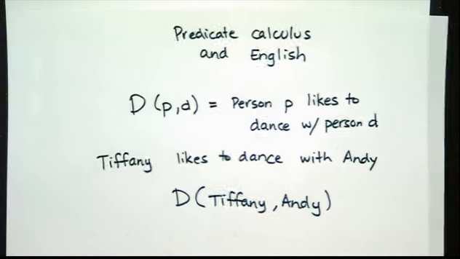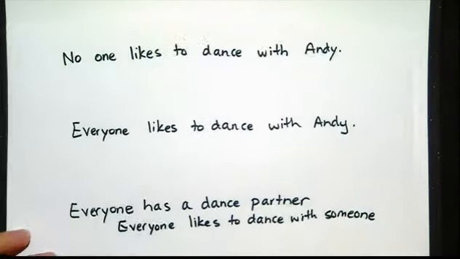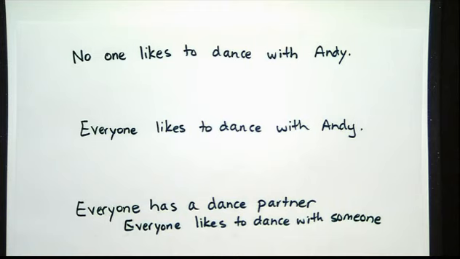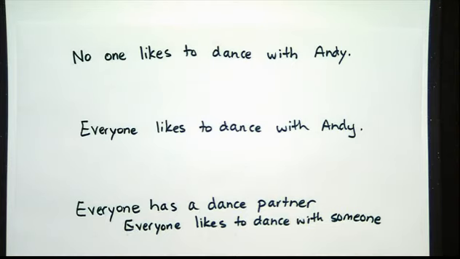Okay. And we can have combinations of things where we know a value and we don't know the other value. For example, no one likes to dance with Andy, which is false. So the first thing we do whenever we're translating any English into predicate calculus is we figure out the predicate first. So the function that we've written, that's the predicate.